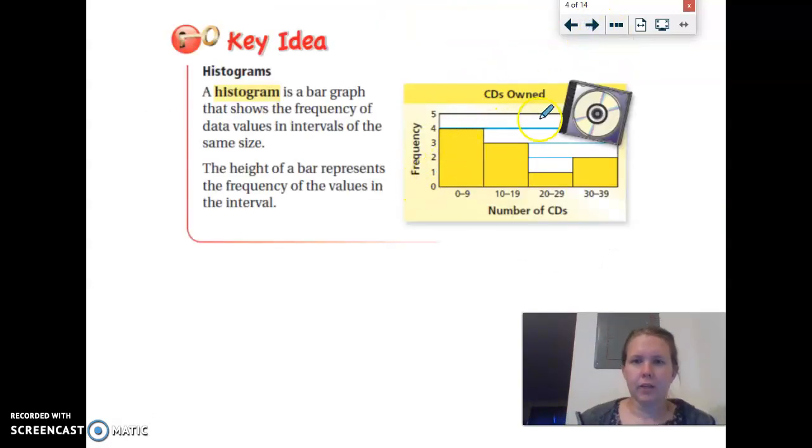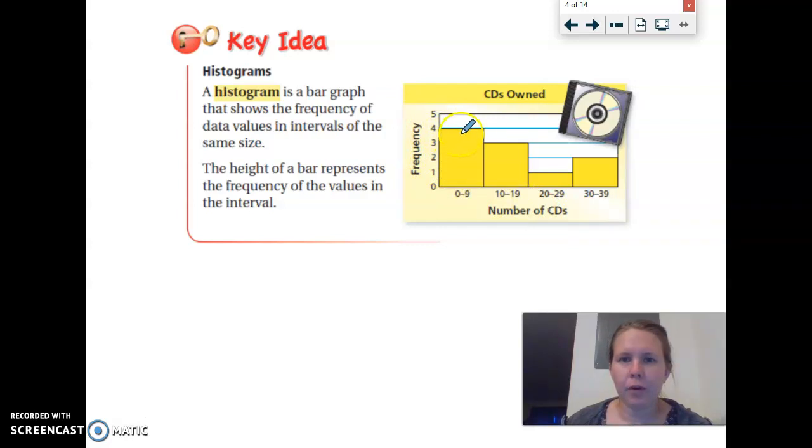All right, so here is what a histogram is. A histogram is a type of bar graph that shows the frequency of data values in intervals of the same size. In this case, this is the number of CDs owned, and this is how many people voted.